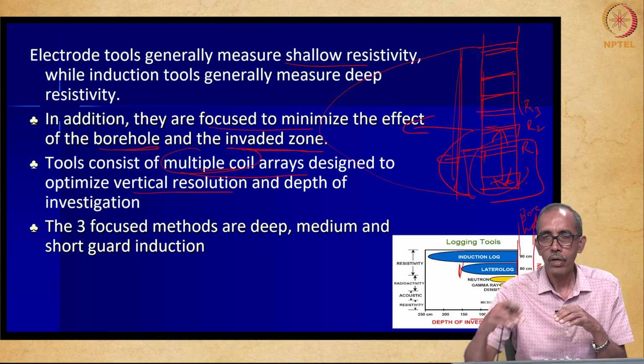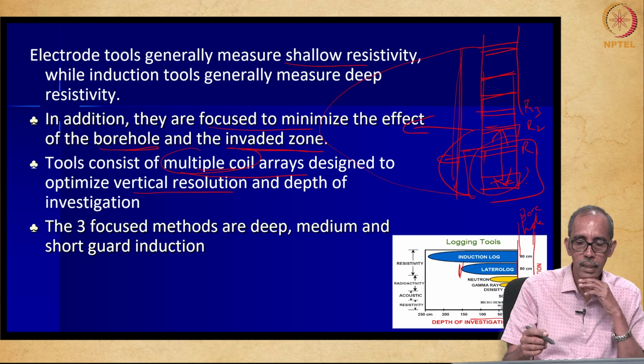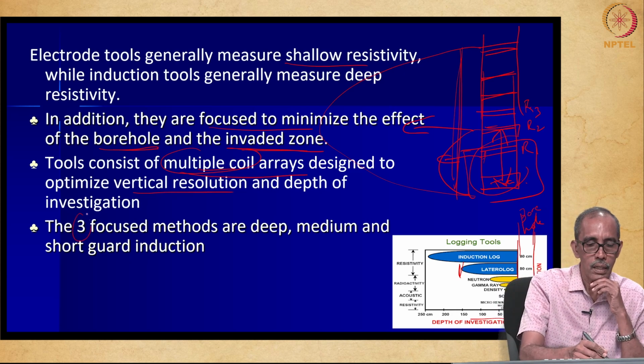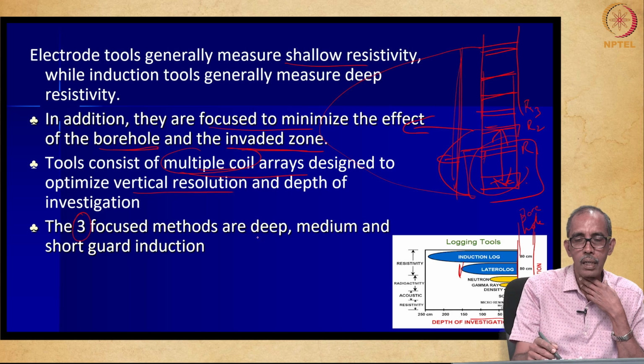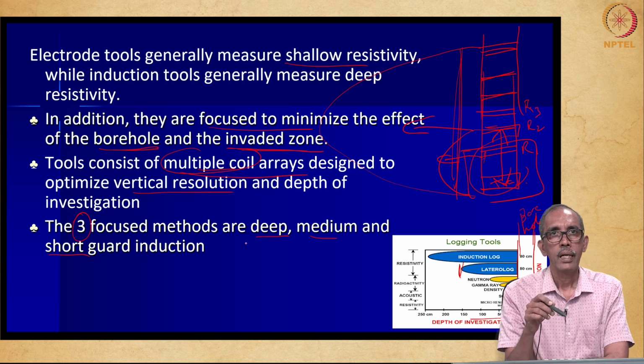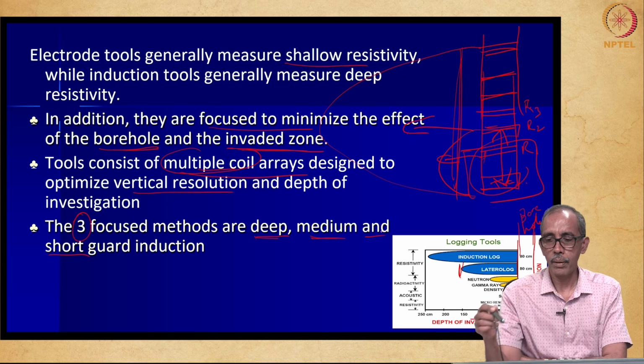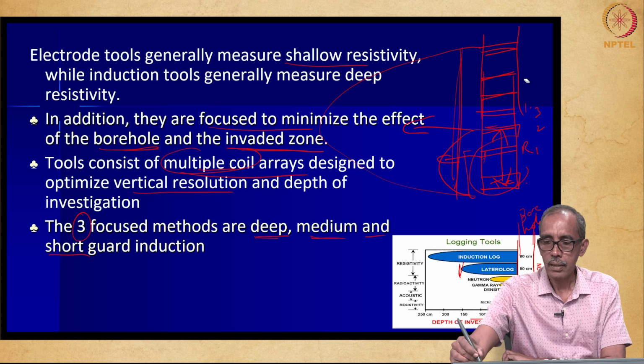Commonly, though I have drawn many receivers, the popular method is to have 3 focused logs called deep, medium and short or shallow guard induction. Most of the manufacturers produce sondes which are capable of measuring induction resistivity in these three configurations, right. That means the sonde will have three receivers.